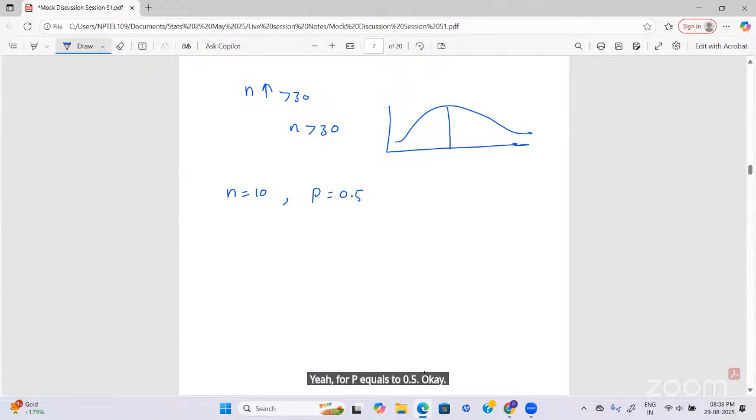Not n, it is p which is 0.5. So it will be symmetric only for p equal to 0.5, if n is a small value. Small, which means in general n is less than 30.